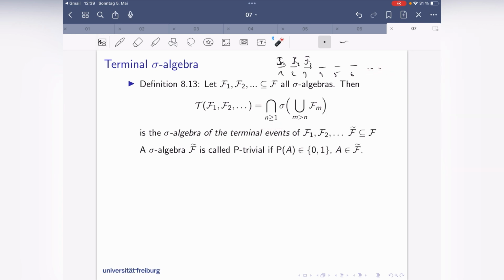So in terms of the sigma algebra, you only have things which depend on the tail, which cannot be decided if they occur or not after any finite time. That's one thing. And the second thing is: F tilde is called trivial or P-trivial if it only contains elements which have probability 0 and 1.